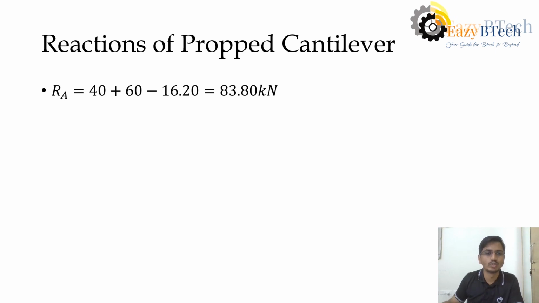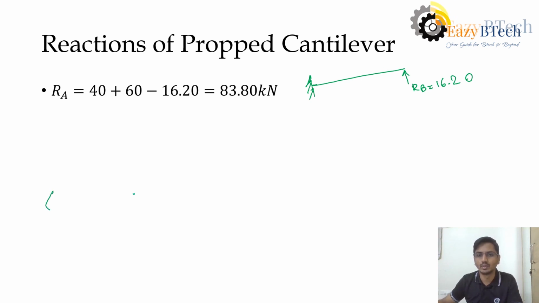Now, the same thing, we need to find out the RA here. To find out the RA, we have cantilever, we have a reaction here. We found out RB, that is 16.20. And we need to find out this RA.